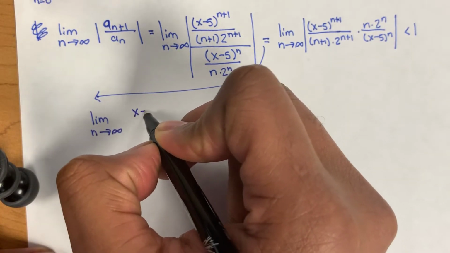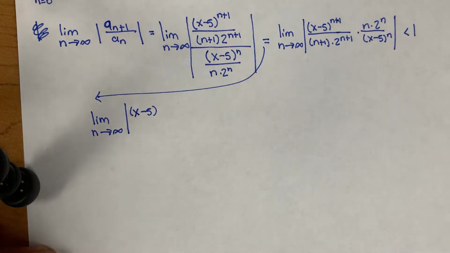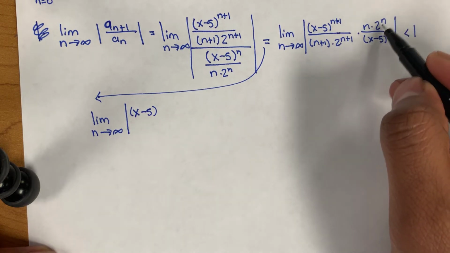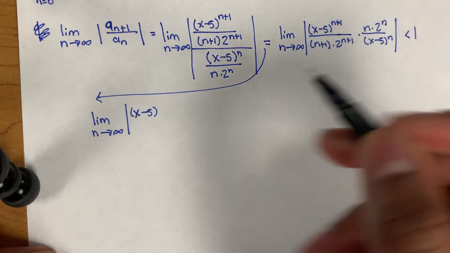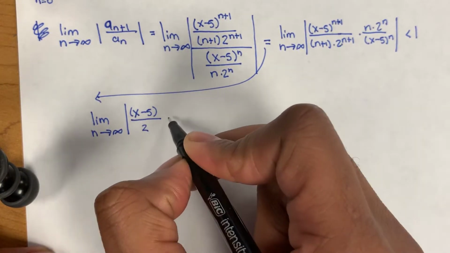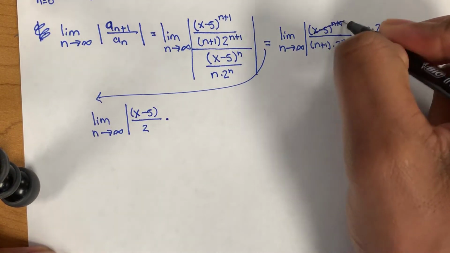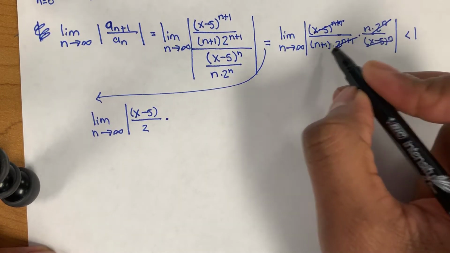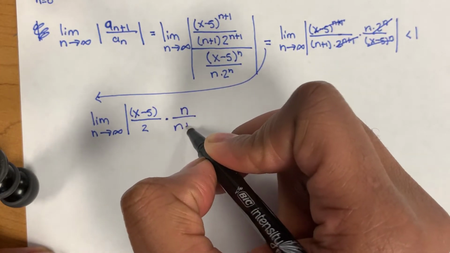So far, we just have an x minus 5 left over, still an absolute value. And then we have 2 to the n over 2 to the n plus 1. Same thing, we subtract the exponents. n minus (n plus 1) is going to be -1, which means the 2 ends up on the bottom. So we have x minus 5 over 2 times, now we just have to worry about the n and the n plus 1. We've handled all the other pieces. We need to worry about the n over n plus 1.